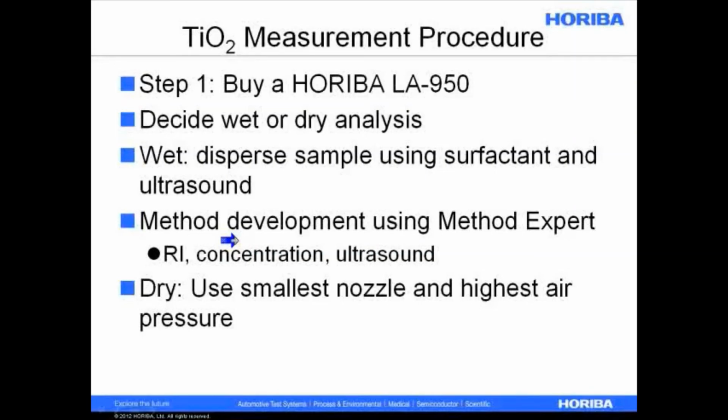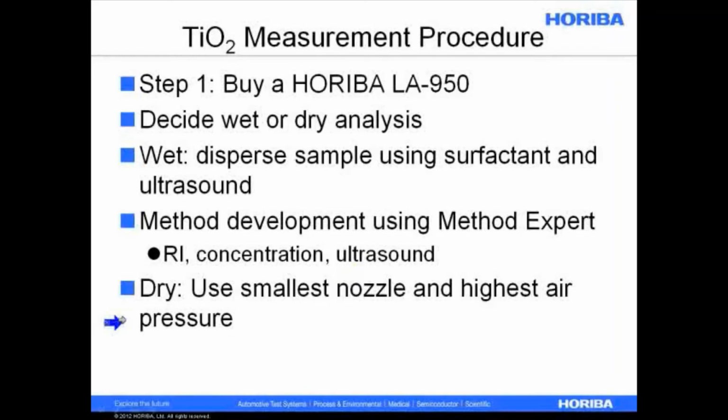And it makes a lot of sense to measure these kind of samples at different percent transmissions, different concentrations, and look at the effect so that you design your method around an area that is most robust and reproducible. How much ultrasound should we use? This could also be automated using the Method Expert software. I'll show, I think, one slide from Method Expert in this talk, but if you want to hear more about this, again, that would be one of the other recorded webinars on method development.